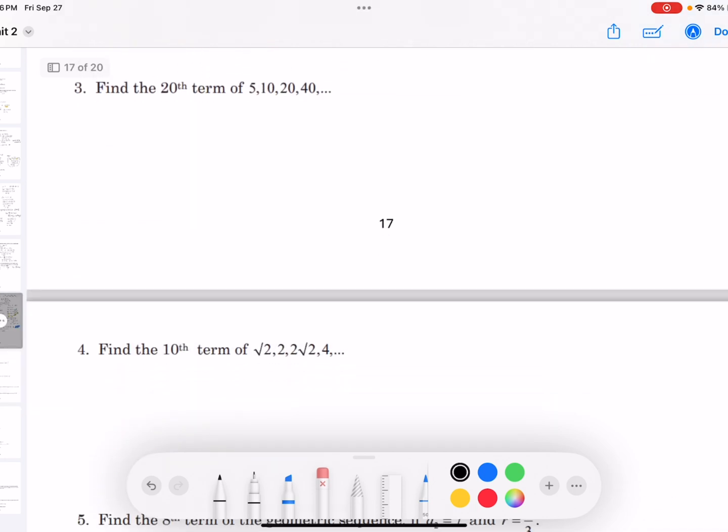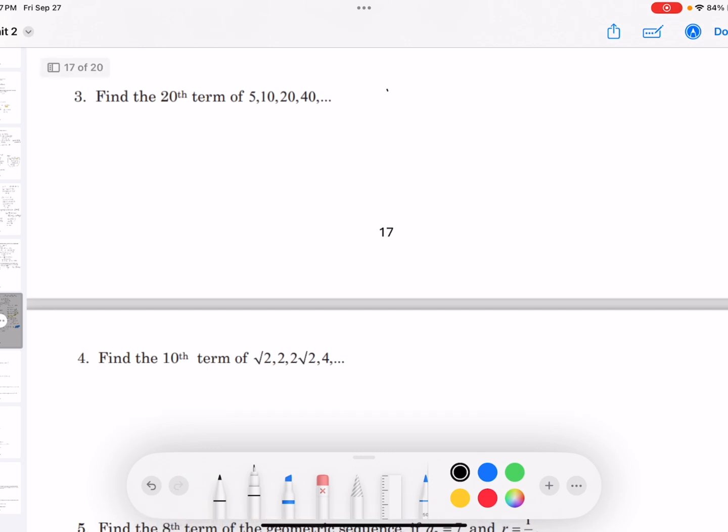You can also find the r by using a sub 2 over a sub 1, or any term divided by its previous one.